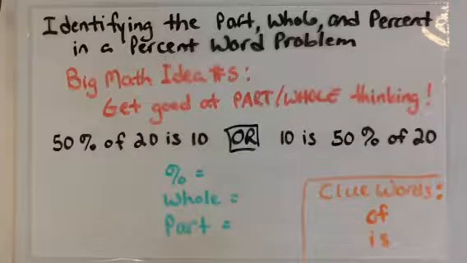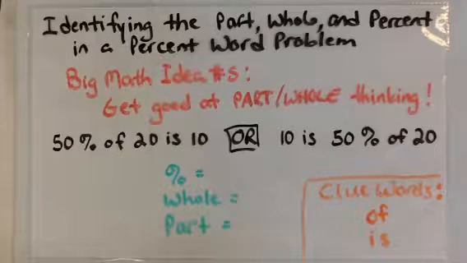This lesson is on identifying the part, whole, and percent in a percent word problem. The big math idea in this lesson, it's actually big math idea number 5 in my room. I have a list of the big math ideas on my wall, and this one is number 5.